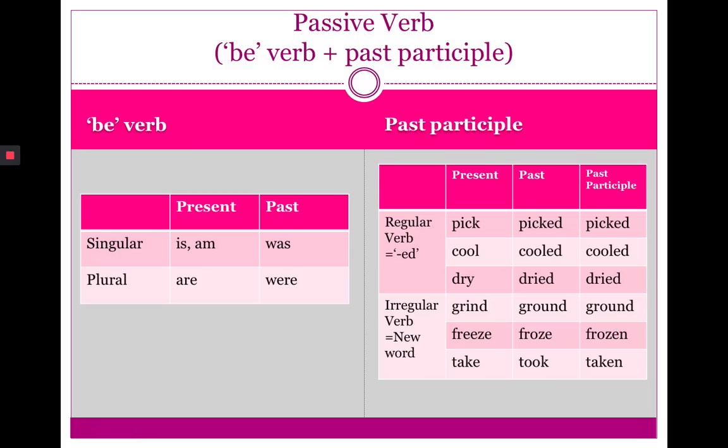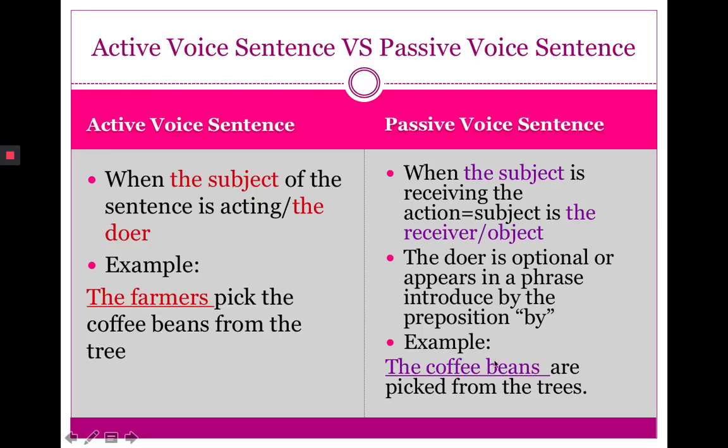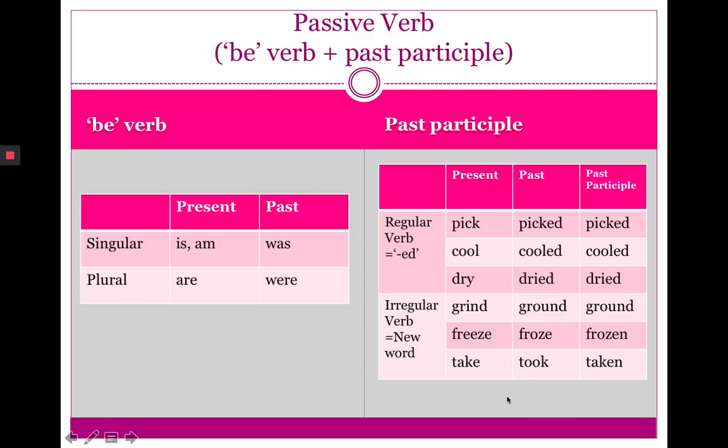Like I said just now, a passive voice sentence consists of the object, the passive verb, and then maybe the subject at the back. So what is a passive verb? A passive verb is a combination of a be verb plus a verb in past participle.